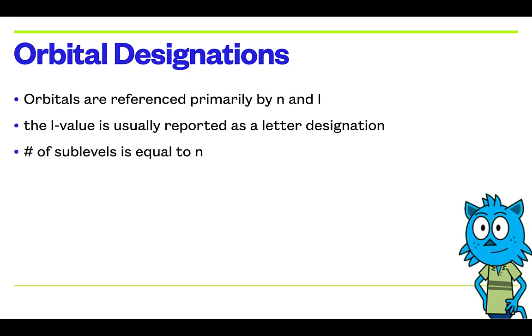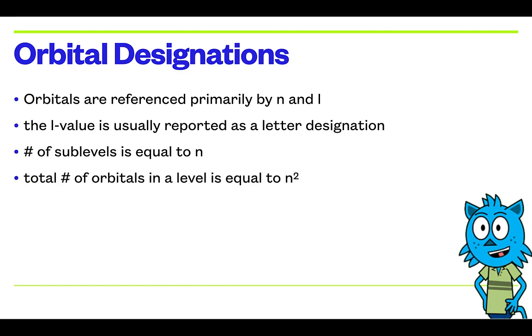The number of sublevels that we have is going to be equal to the value of n. So if we have an n value of 2, then we're going to have 2 values for L. So we would have an s orbital and a p orbital, for L values of 0 and 1, if we are in n equals 2.